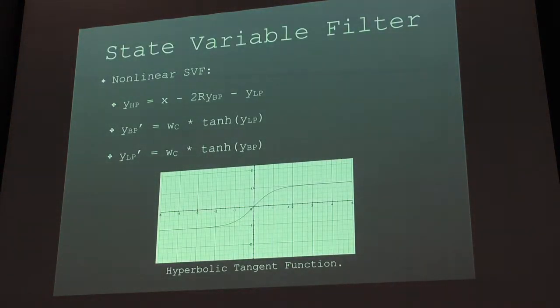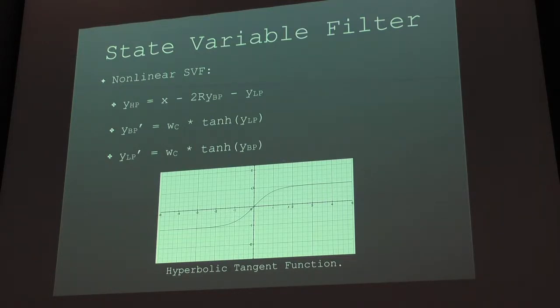Because what happens is you can analyze it as though when you have a high amplitude signal, the cutoff frequency instantaneously lowers because the tanh is a limiting function.